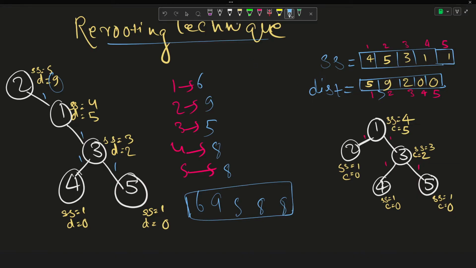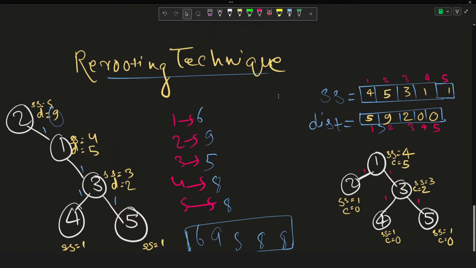Since we are utilizing the results of the first DFS call, that's why it is a DP question, because we are using the previous results, that is the memoization technique. Now I think we should move to the original problem, that is the Codeforces problem. As I told you, that problem was exactly similar to this problem with just a minor difference. So let us get back to that problem.